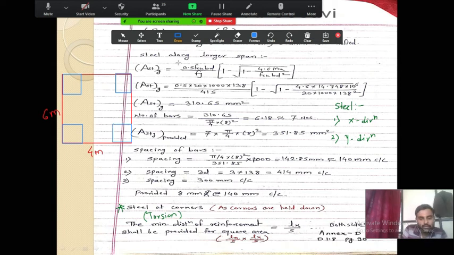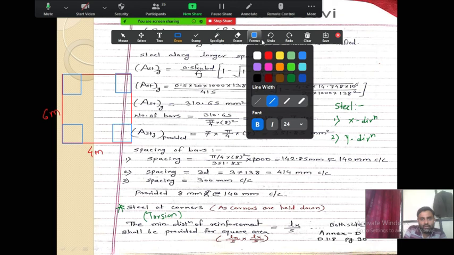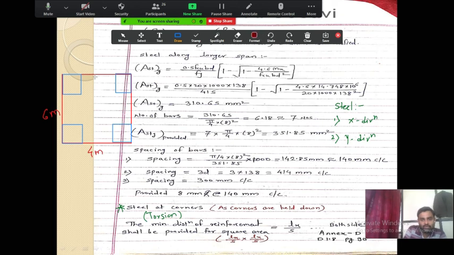The length of this reinforcement will be Lx by 5, from this point to this point, and from here to here, so the length is the same. This length is Lx by 5 for all the blocks.